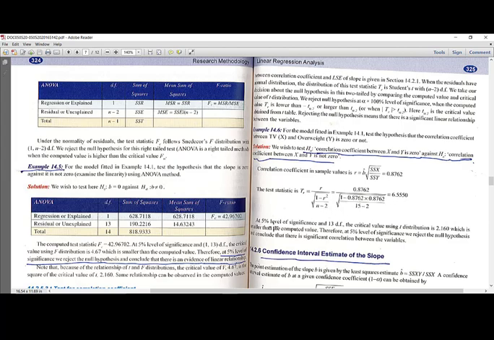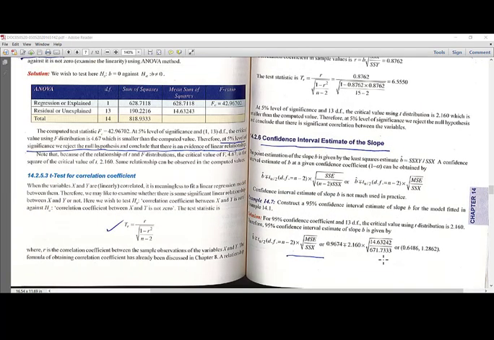At 5% level of significance and 13 degrees of freedom, the critical value using the t distribution is 2.160. From the tables we can find this, and as the calculated value is more than the tabular value of 2.160, we reject the null hypothesis. That means at 5% level of significance, we reject the null hypothesis and conclude that there is a significant correlation between the variables.